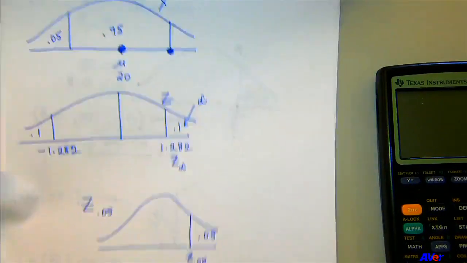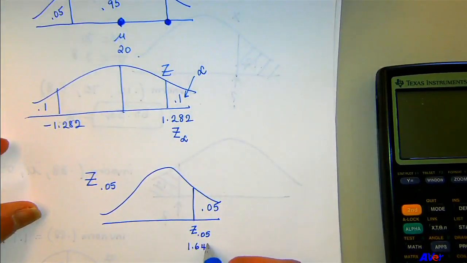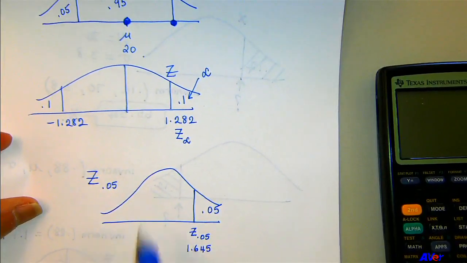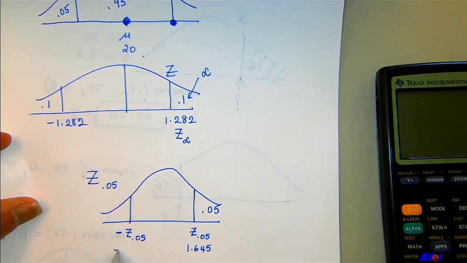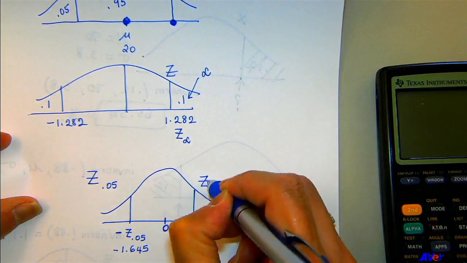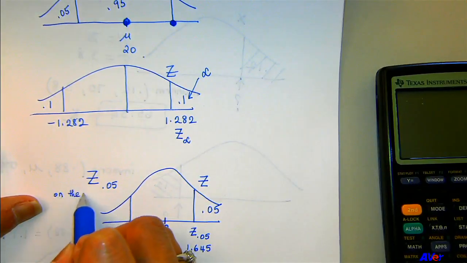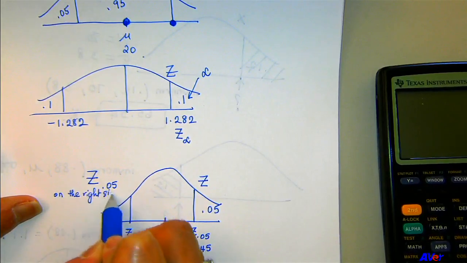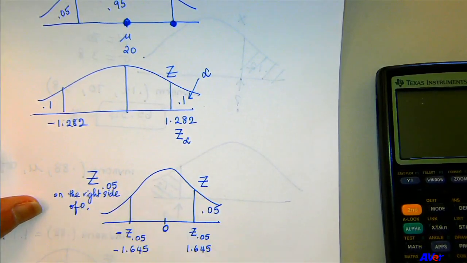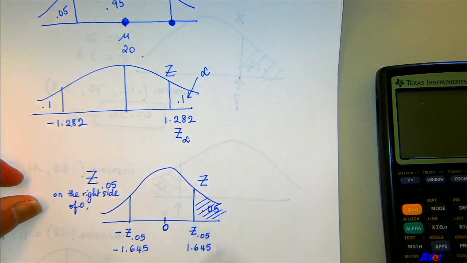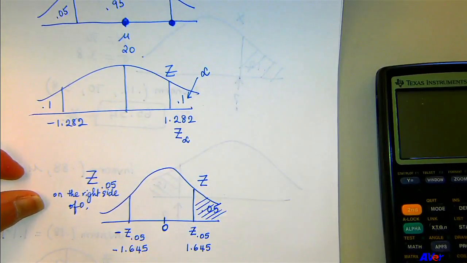So this number is 1.645. The negation of it would be minus z alpha, and that would be minus 1.645. Here's 0. This is z. So z alpha is on the right side of 0, because 0.05 is the area in the tail on the right side.